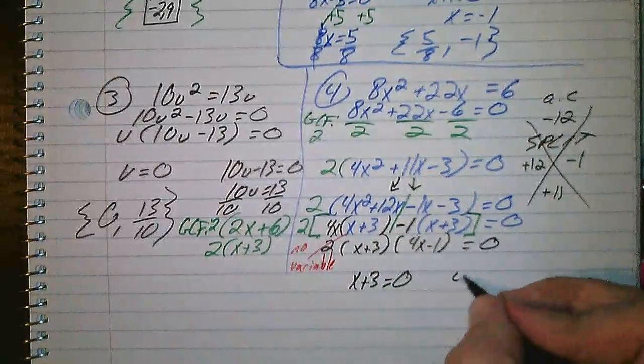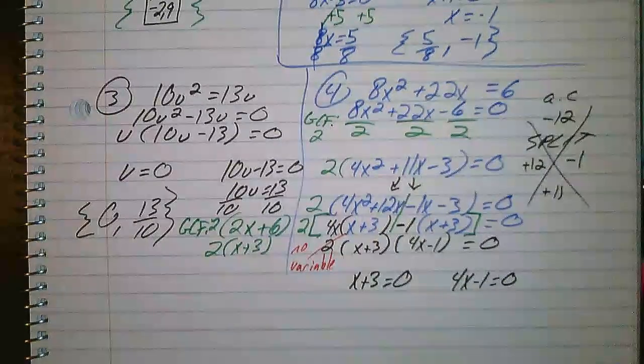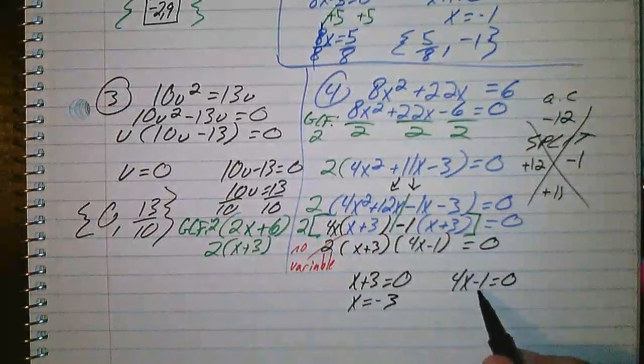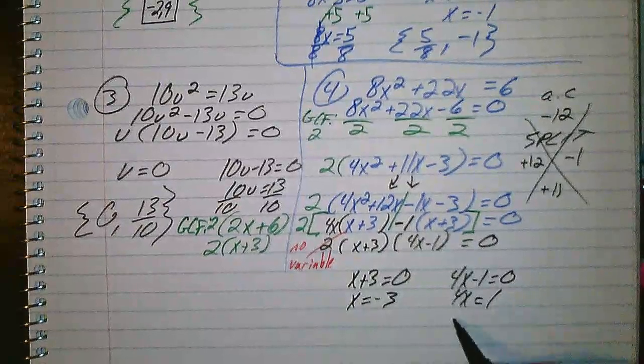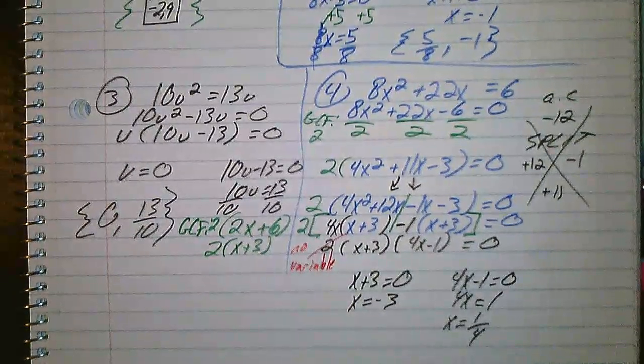So we set each factor containing a variable equal to 0. This is just negative 3. Here we add 1 to both sides and then divide by 4.